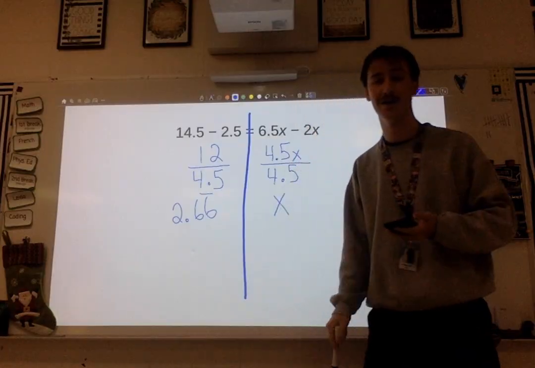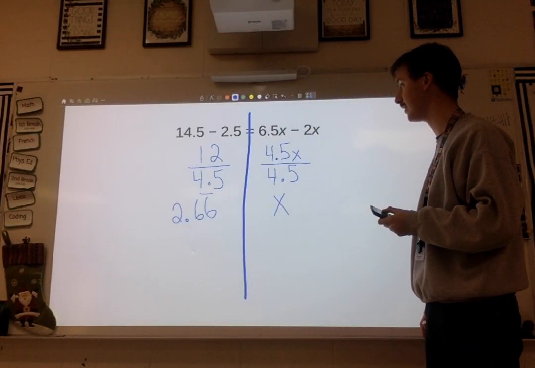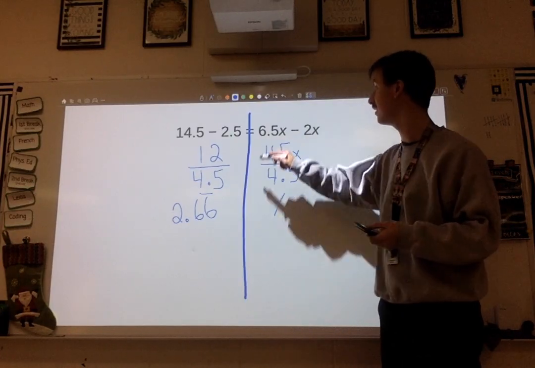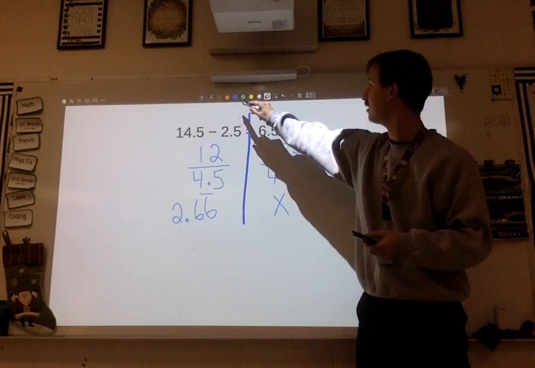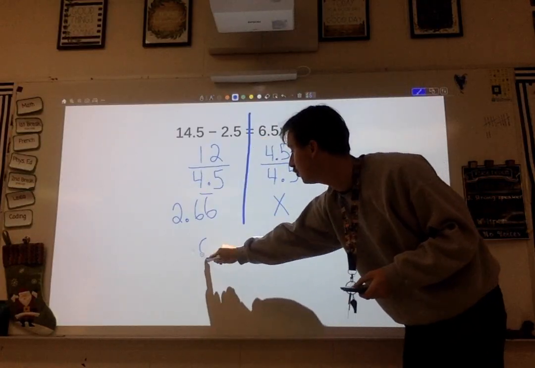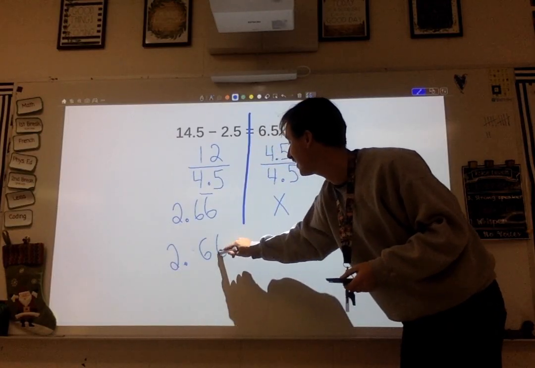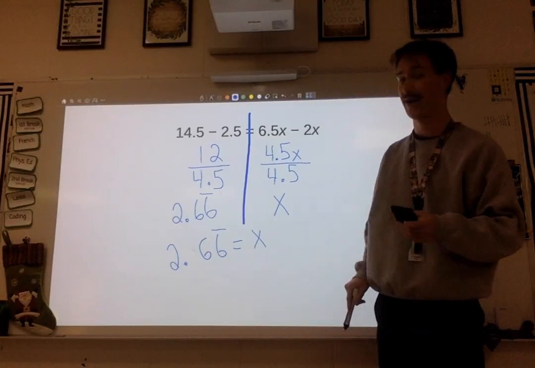The little hat on top to show it repeats. And we can put our equal sign back. I'll give a little erase to down here. And what we have is 2.66 repeating is equal to x.